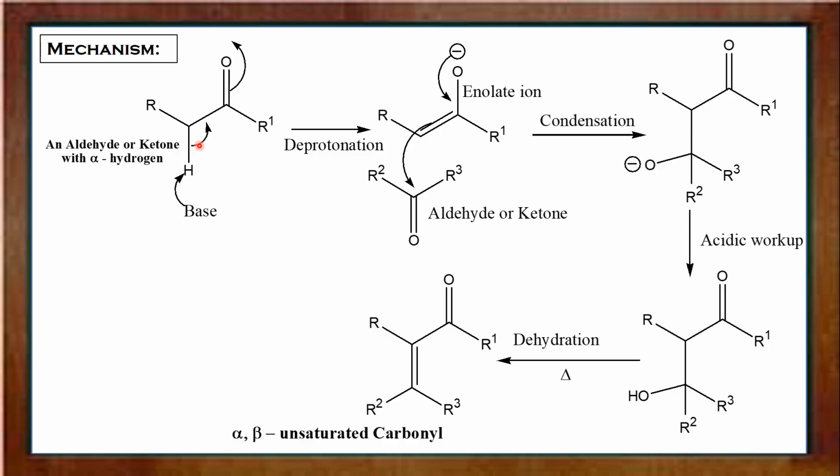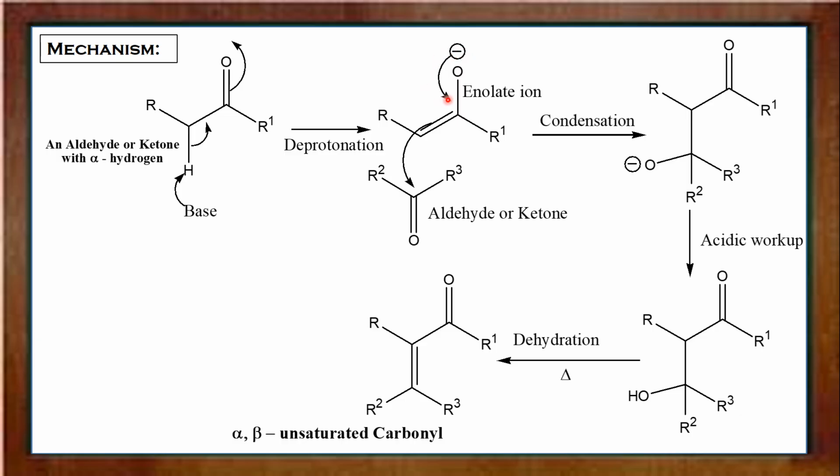When the minus goes here, it makes a double bond and the pi bond breaks to give O minus. This is enolate. So the enolizable carbanion is converted to enolate ion, and this enolate ion reacts with another carbonyl compound which may be an aldehyde or ketone.